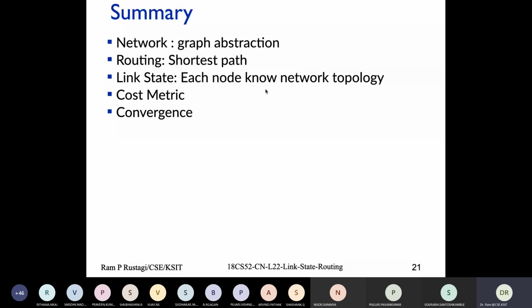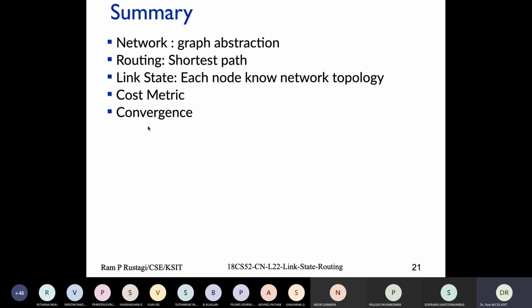So each message keeps a broadcast message ID, router ID plus message ID, and it stores and forwards only when it has not forwarded it so far. And that will make sure that each router gets the message. Once you get a message, you compute the cost using Dijkstra algorithm, and that's the way the algorithm works. If any questions, you can feel free to ask.